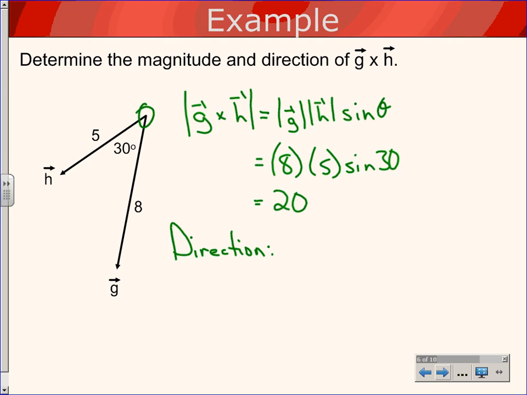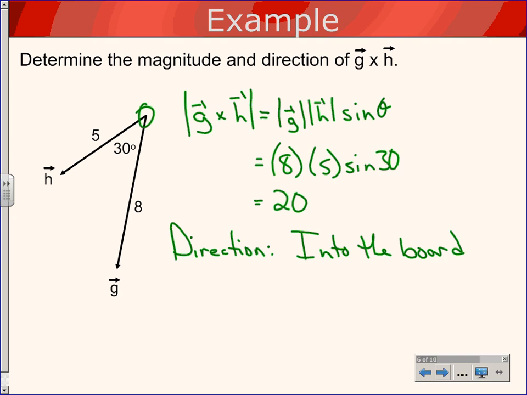Point your fingers towards G, and you need to curl them through that 30-degree angle to point towards vector H. And the only way to do that is if you have your thumb pointing into the board. So in this case, we just say the direction is, well, for me, it's into the board. For you, it's into your page or into the desk, something like that.